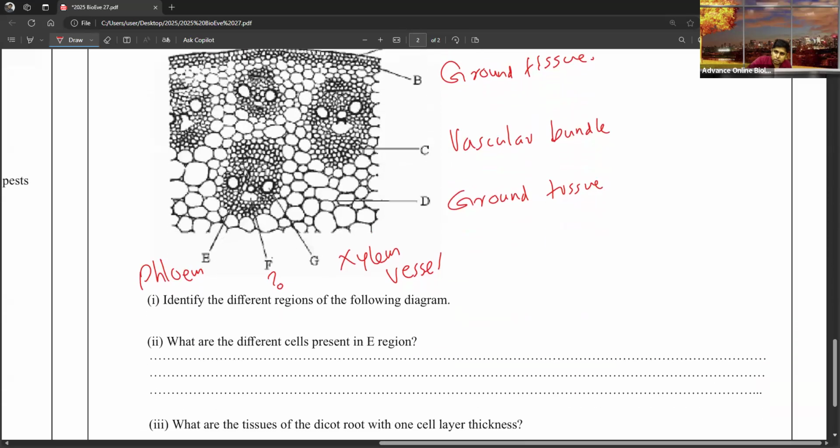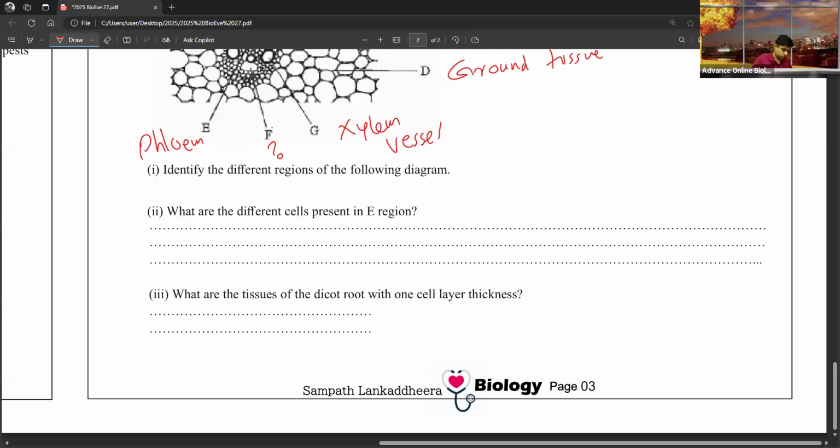Identify the different regions of the following diagram. Okay, we did that. What are the different cells present in E region? E is phloem.